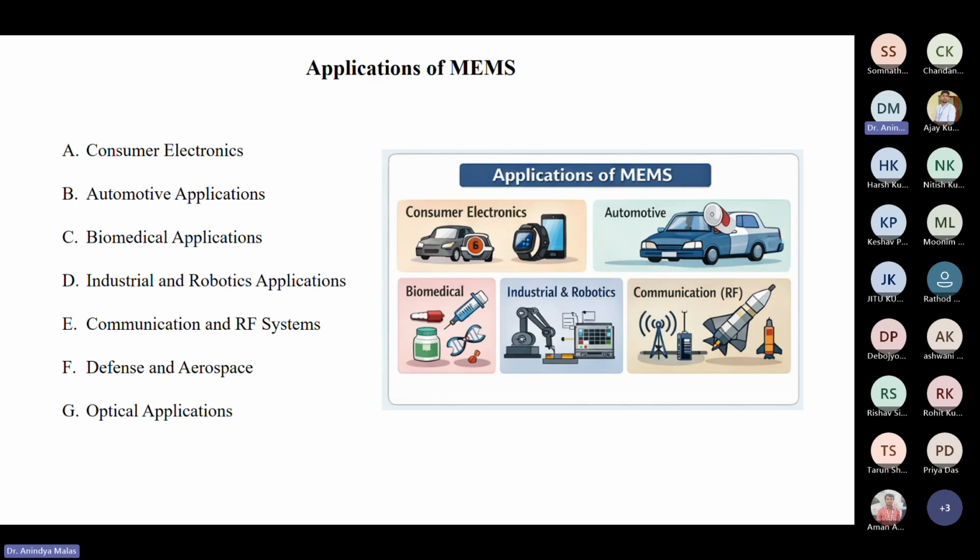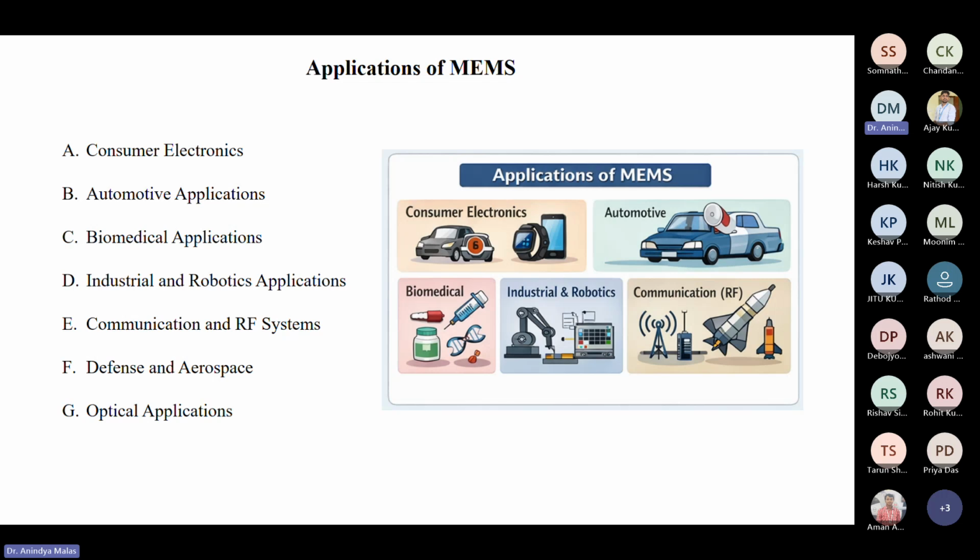For example, when a phone rotates, the MEMS accelerometer changes capacitance and the microcontroller adjusts the screen orientation. When you rotate the phone, the rotation is sensed through the capacitance change, which tells the microcontroller to rotate the screen, and as a result the screen rotates.